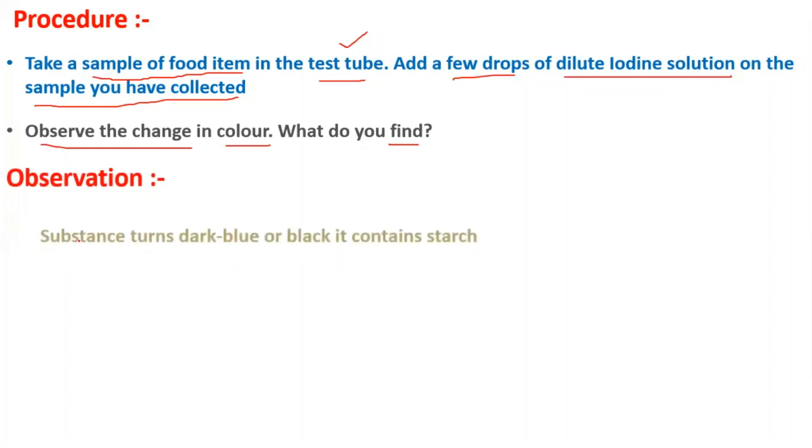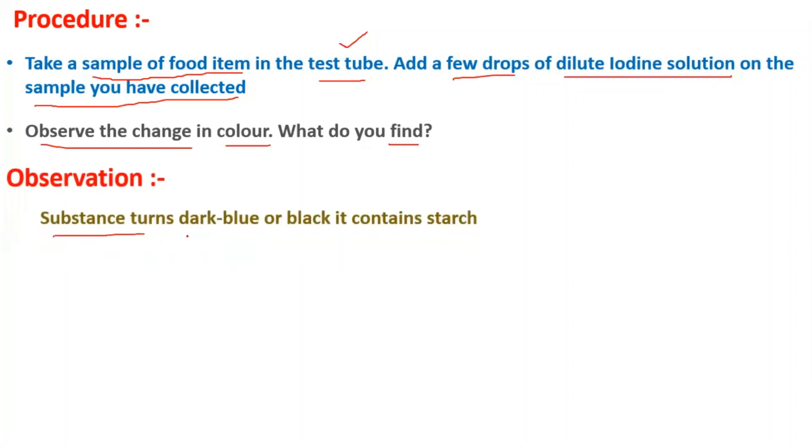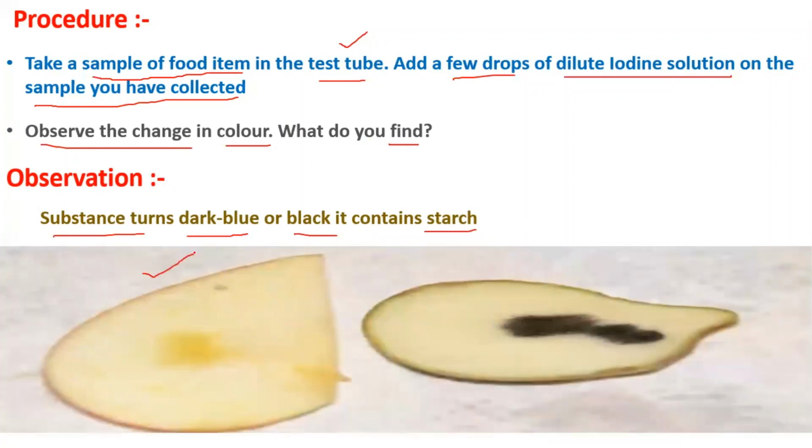Observation: a substance that turns dark blue or black contains starch. If any food material changes its color into dark blue or black after adding a few drops of dilute iodine solution, it contains starch. Let's divide this into two, this is 1 and this is 2.